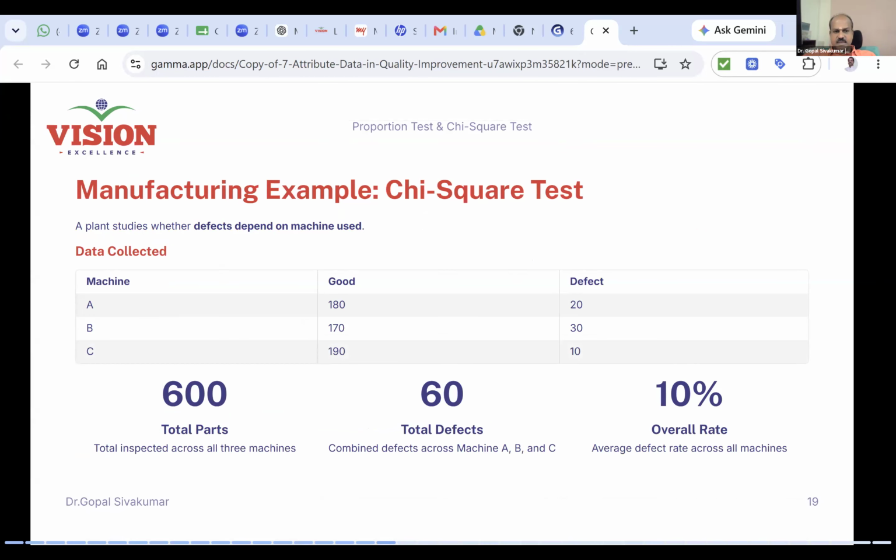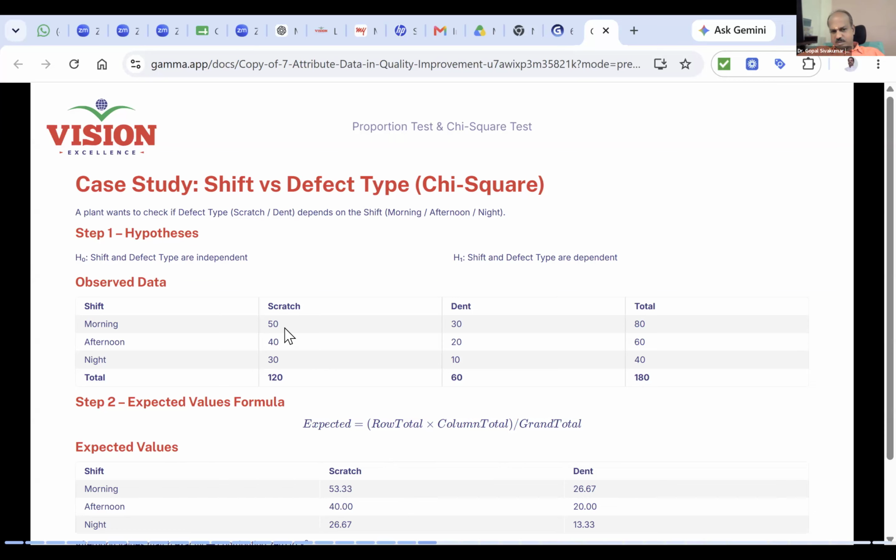Here we need to first calculate something known as expected value. The expected value, look at the formula: row total times column total divided by grand total. For example, for the first number, what is the row total? 80. Multiplied by column total. Column total is 120. 80 times 120 divided by grand total. Grand total is 180. Can one of you parallelly check? 80 multiplied by 120 divided by 180.